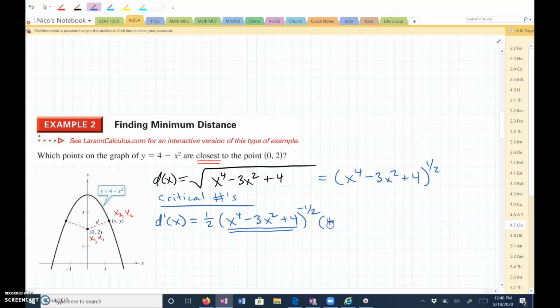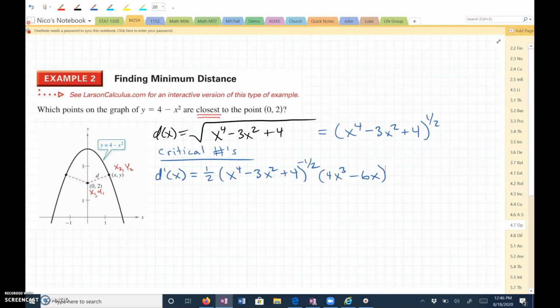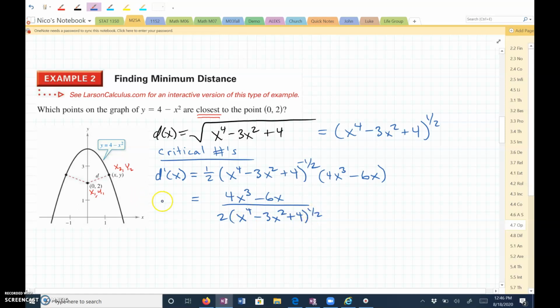So this would be 4x to the 3rd minus 6x. And then you can think of this as 4x cubed minus 6x all over 2 times x to the 4th minus 3x squared plus 4 to the 1/2 power.